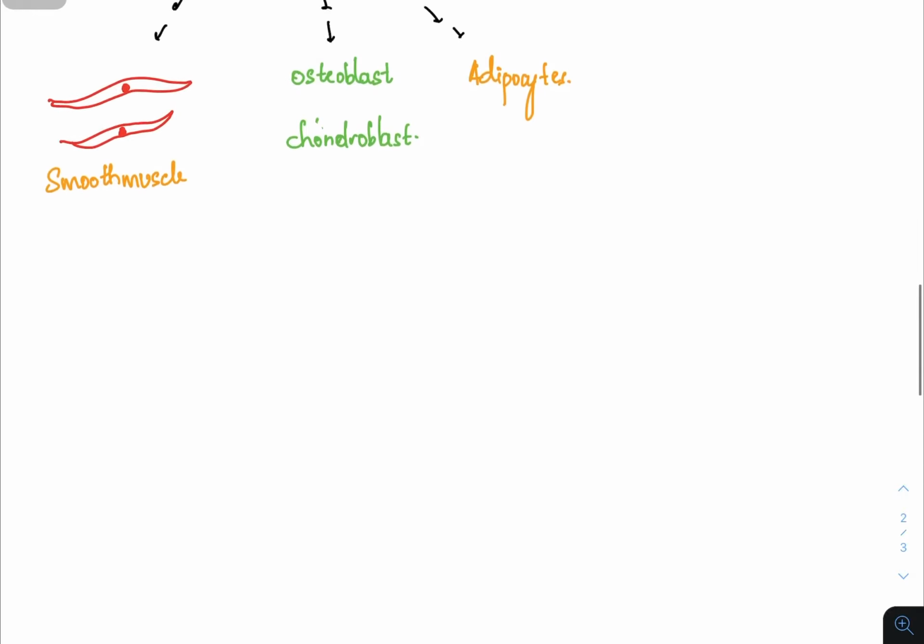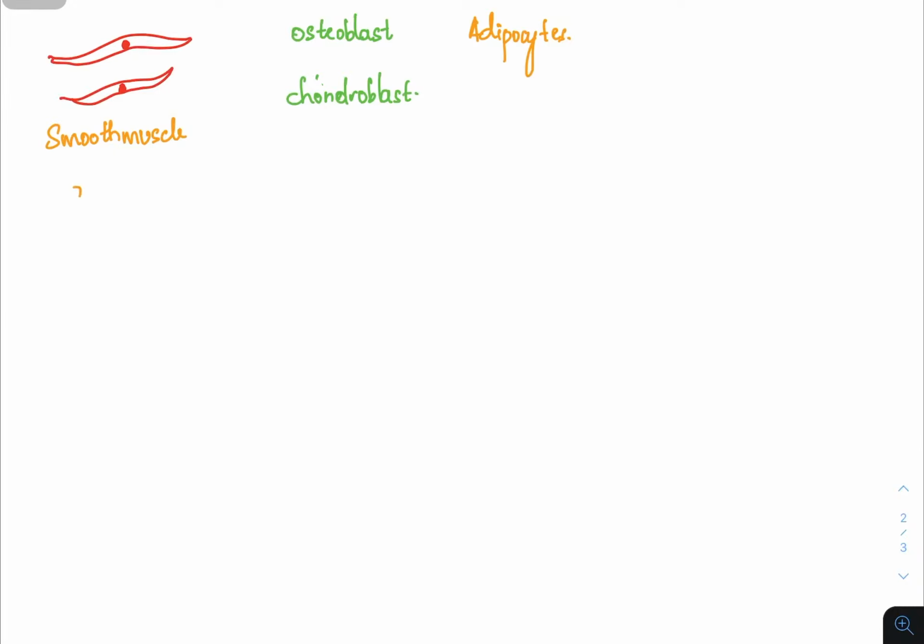So in this way the neural crest cells form different things. For example, as I already told you, it forms what? Smooth muscle, which I've already mentioned here. It also forms what? Osteoblasts. It forms chondroblasts, right? It also forms what? It also forms adipocytes. Not only adipocytes, it also forms melanocytes, right?